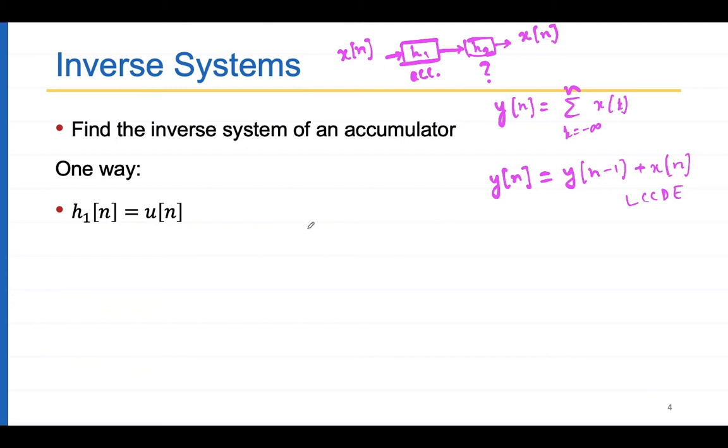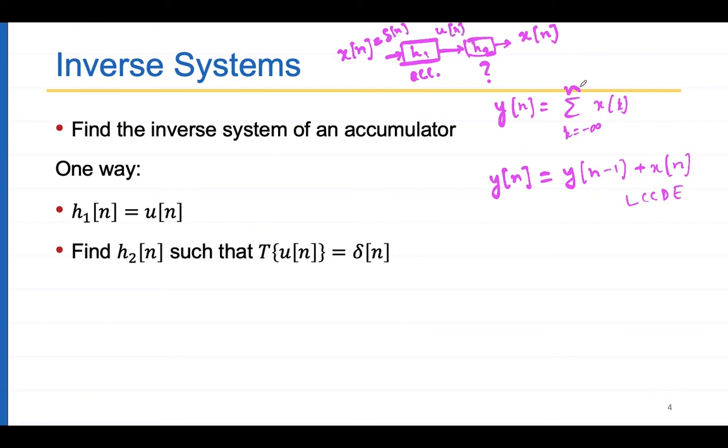I know from my theory that h1 is the unit step function for an accumulator. So if this is delta of n, this will be u of n. I have to find an h2 such that the transformation of u is delta.